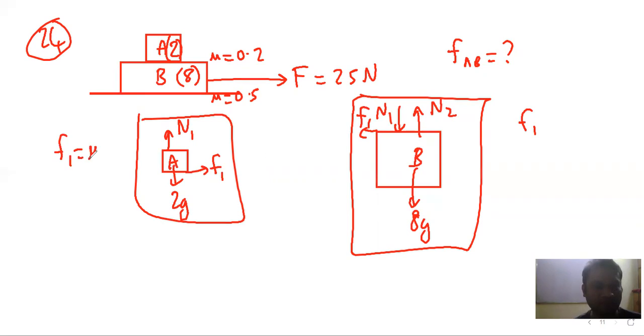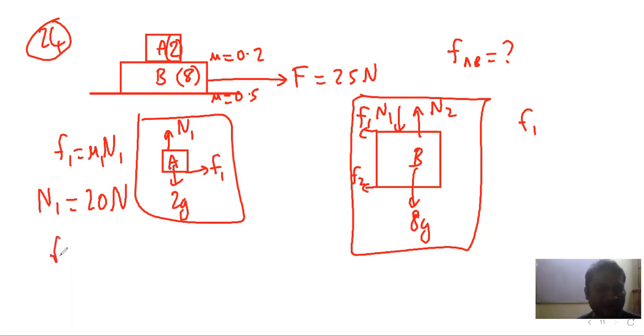Now F1 value is mu1 into N1. N1 in this case is 20 Newton, which is 2 into g. And here we will have F2 friction as well in the backward direction. Now, I want to find the value of friction between A and B, that means F1.